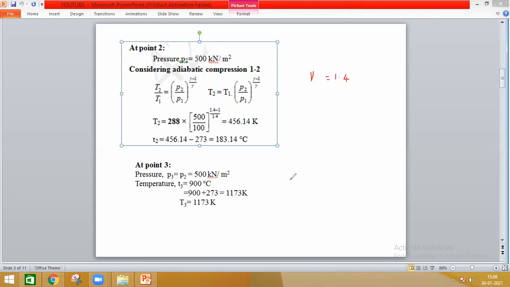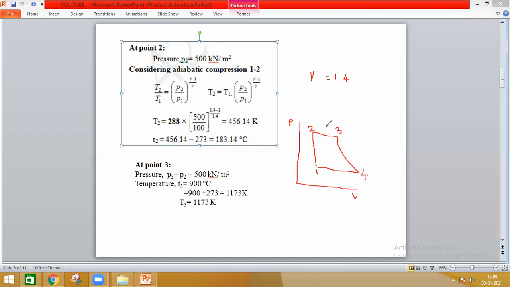So now at point 3, we know that it is at constant pressure. Let me draw it here. This is the PV diagram for the Brayton cycle. This is isentropic compression, then constant pressure heat addition, then expansion, then constant pressure heat rejection. 1, 2, 3, 4.